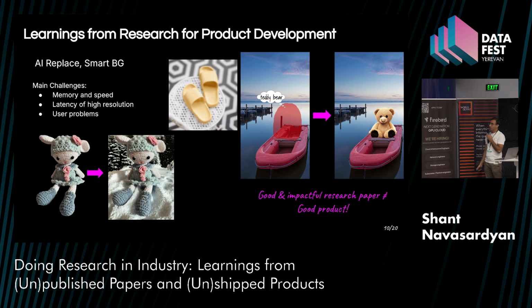Again, a couple of words about the products. The main challenge for this inpainting stuff was the memory and speed, latency on high resolution, and of course the user problems, real problems we had, like the blurry issue, etc. And the learning from here is that a good and impactful research paper doesn't mean a good product.